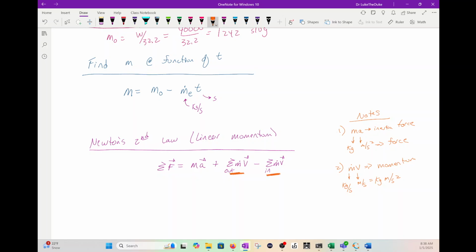So the way we write it is out minus in, and these vectors v have a direction. You're going to realize that this rocket booster thrust is going to give us a thrust, eventually I'll show you here, that shoots to the right. So think about it like linear momentum.